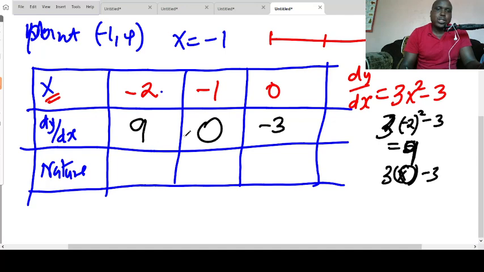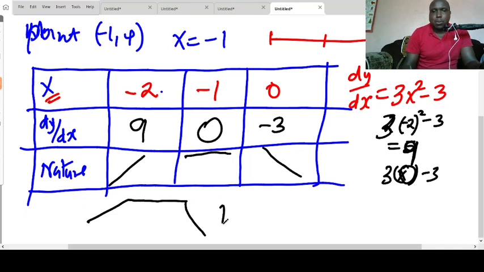So now the nature. How are you going to do the nature? This is positive, so if positive you go up. So positive goes like this, then 0. Because it has risen, it will be up there, and then this one descends. You see? Now the diagrammatic representation for this one will be this, this, this.